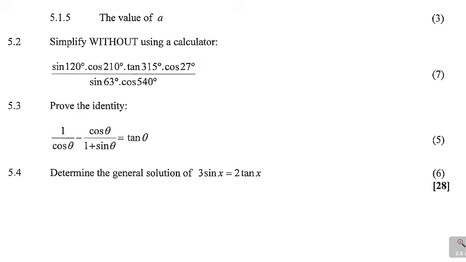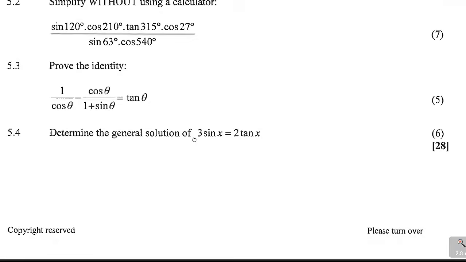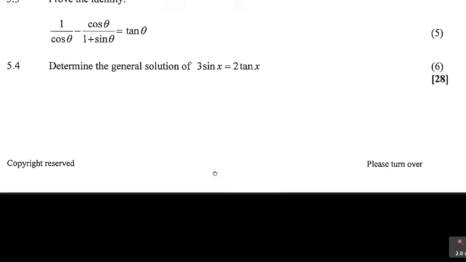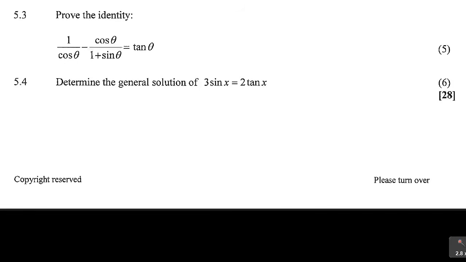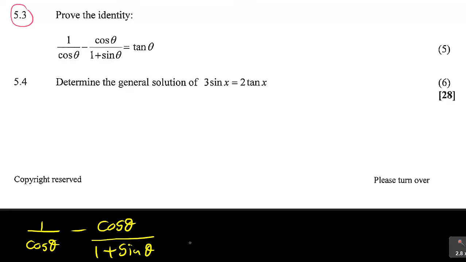The next question here is to prove this identity. I think I'll have to work it at the bottom here. It says 5.3. Prove the identity: 1 over cos theta minus cos theta over 1 plus sine theta is equal to tan theta.